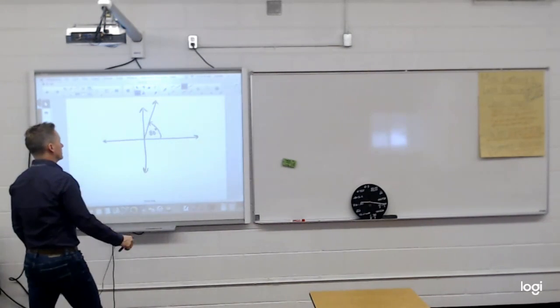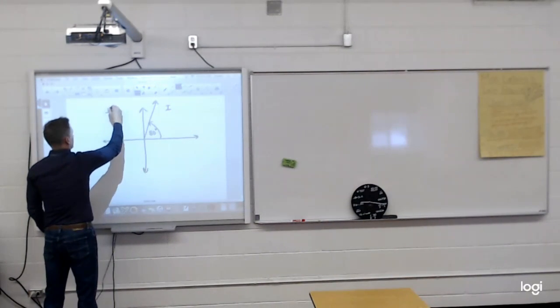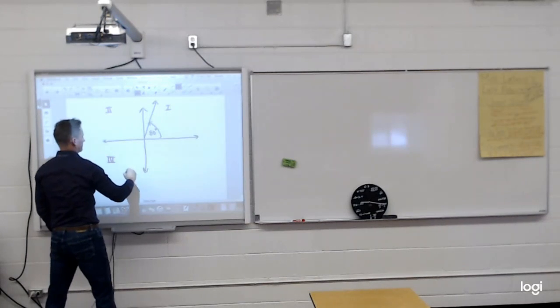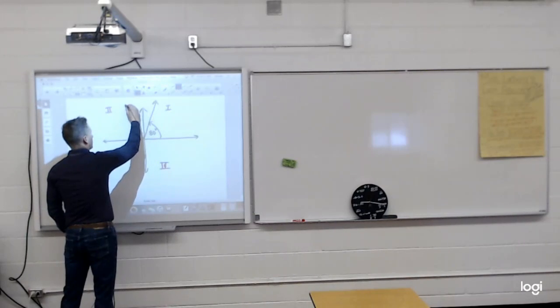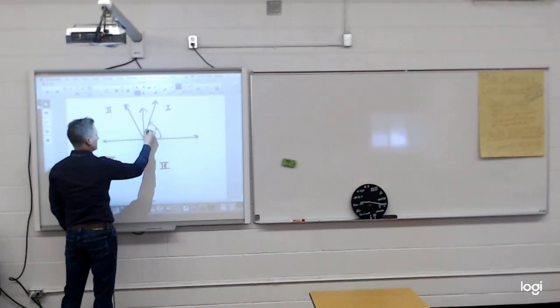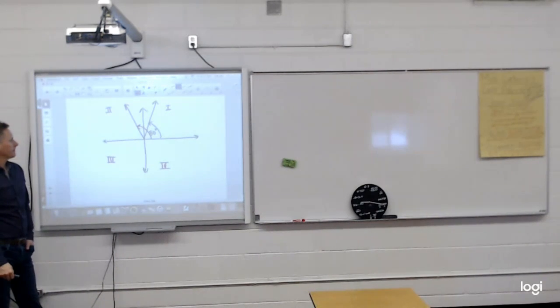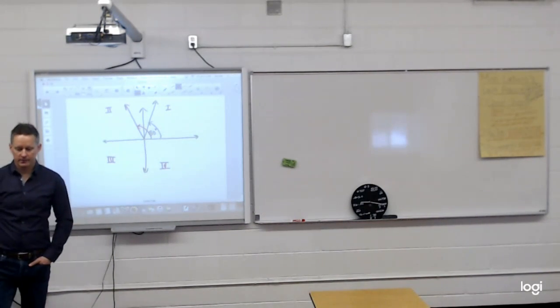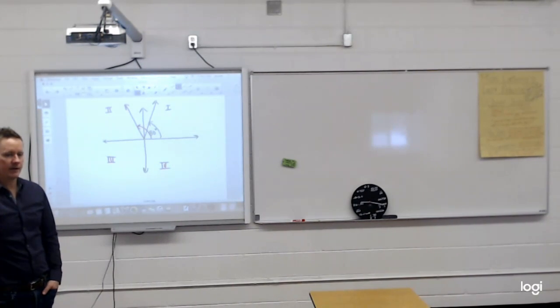120 degrees. Which quadrant is 120 degrees in? Second quadrant. Right? So that would be right here. That makes 120 degrees right there. Sketch that. 266 degrees. Where does it lie? Which quadrant? Third quadrant.